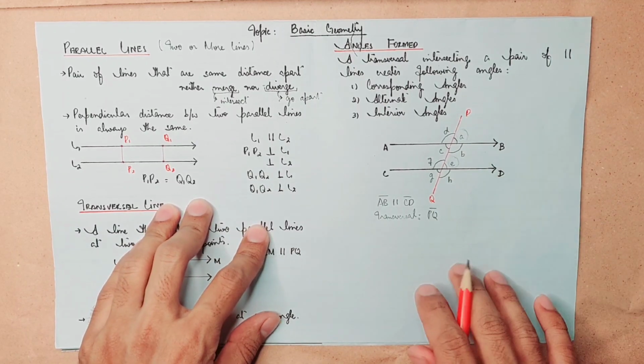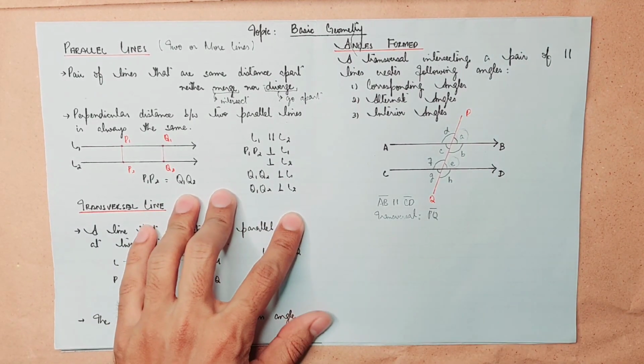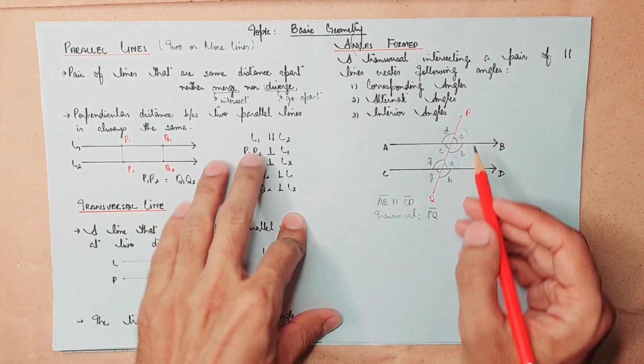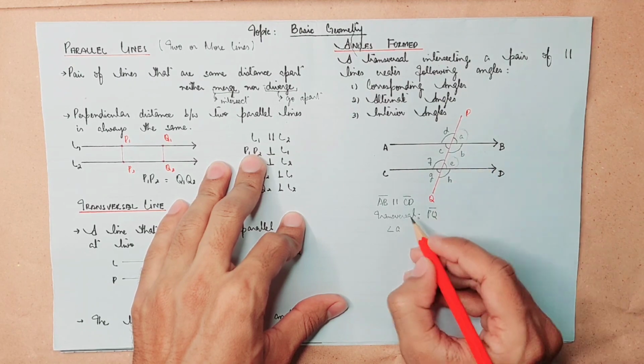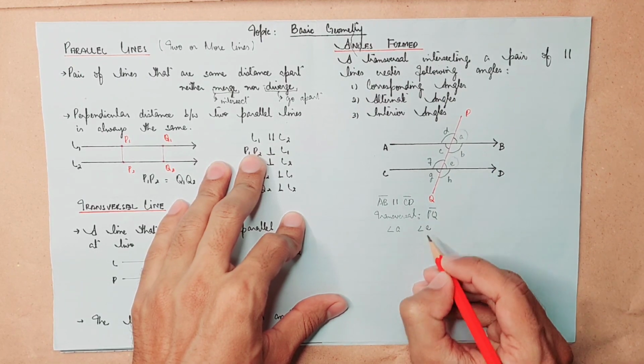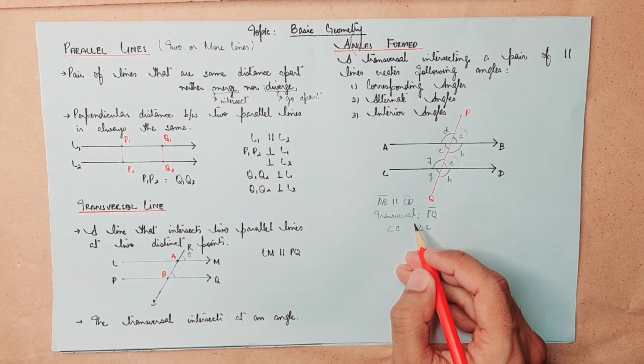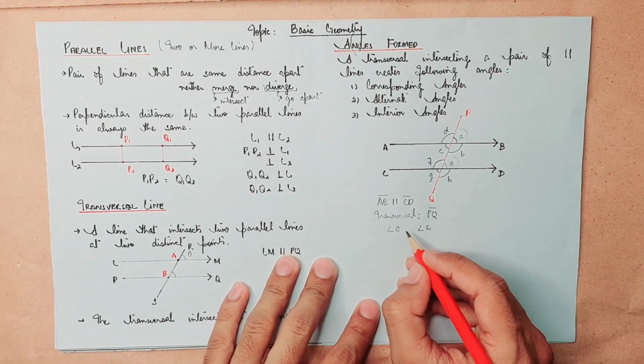Here I have 4 pairs of corresponding angles. Here I have angle A and angle E. Remember this property: corresponding angles are always equal.